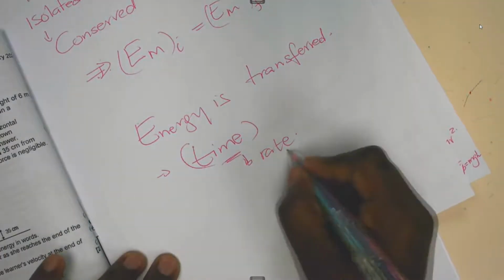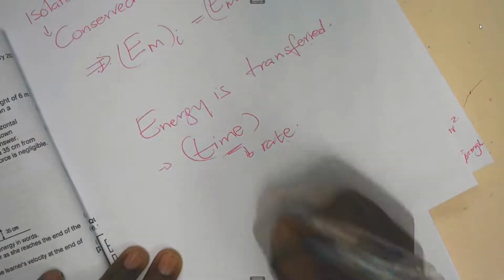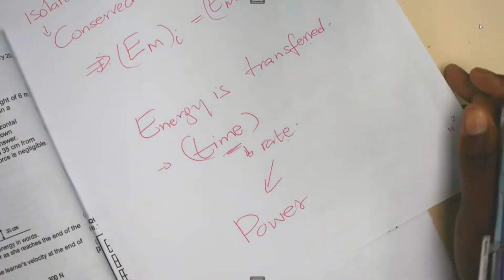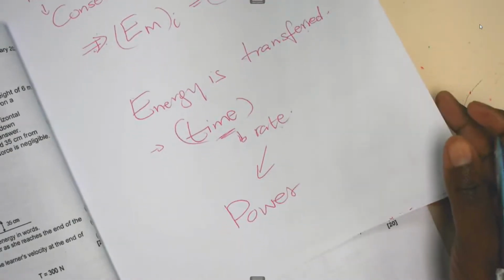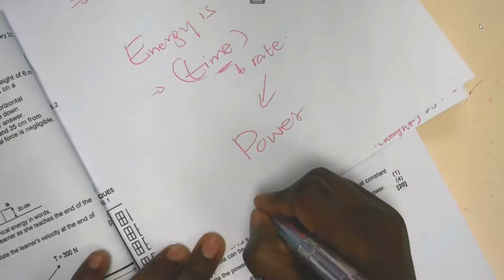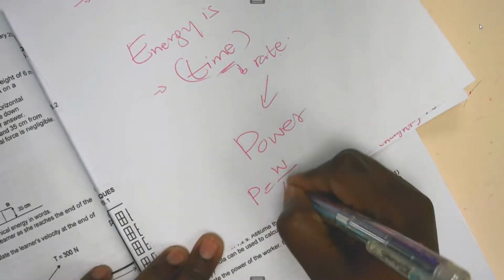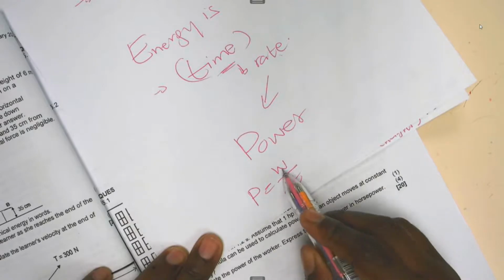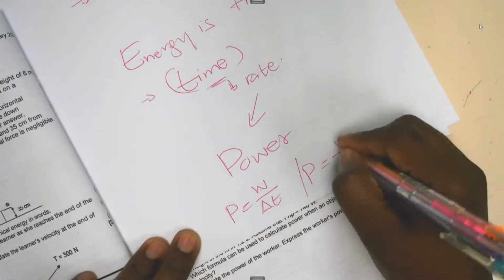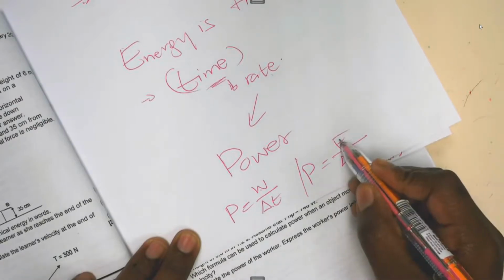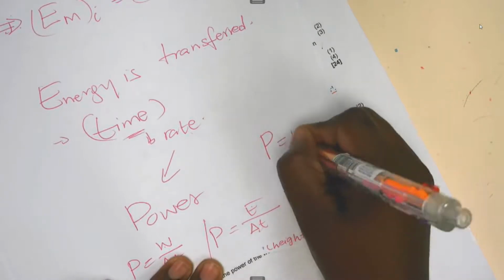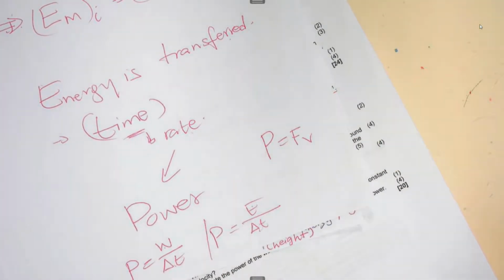So the rate at which this energy is being transferred refers to power. Power is the rate at which energy is transferred, and we see this from the formulas that are used. Rate at which work is done. Rate at which energy is transferred. And if the object is moving at constant velocity, then P is Fv.